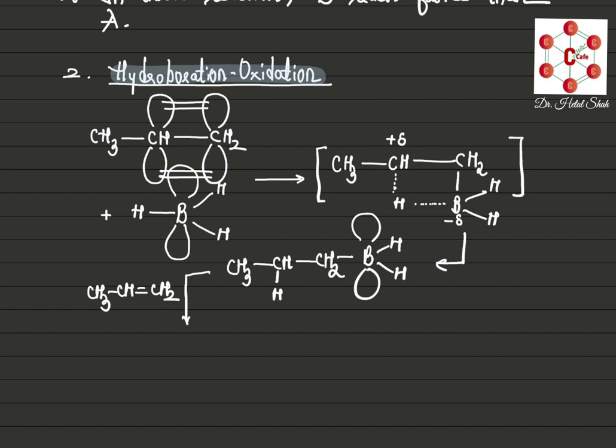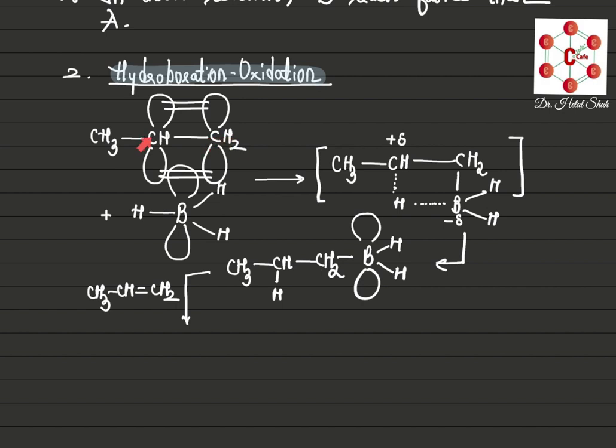So it's hydroboration. And remember one thing, boron, BH3 or BH2 itself is a big structure. So it would want to remain attached with that carbon which doesn't have any groups on it. So that hindrance is less. So now, boron always tries to settle on the carbon with more hydrogens.